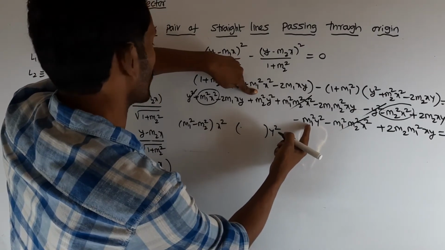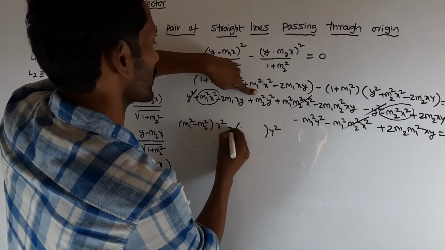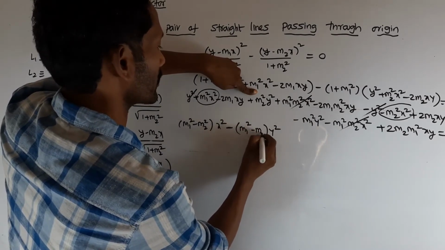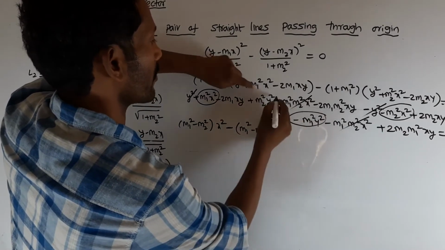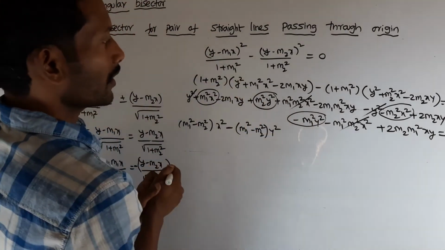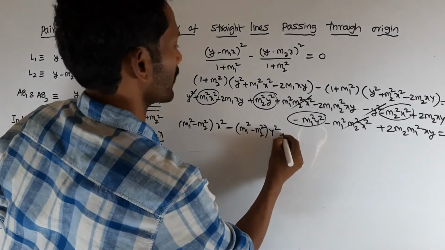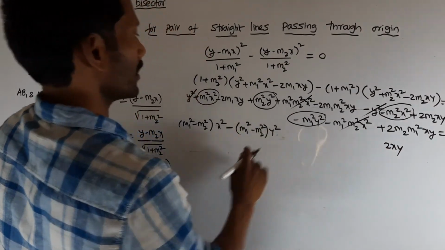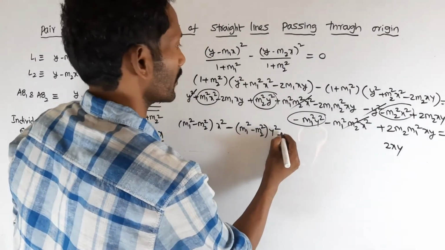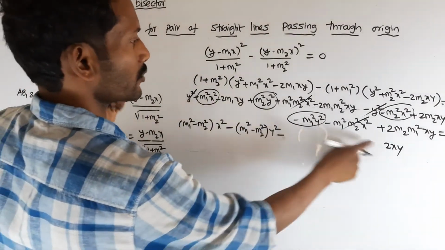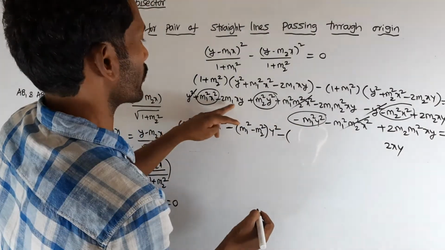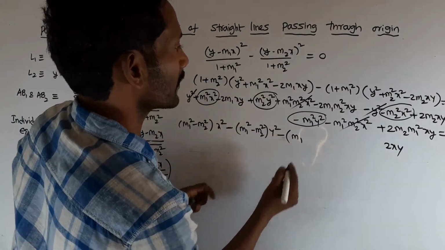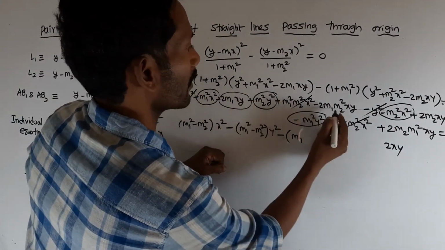minus m2 m1 square, minus m1 square, so bring outside minus, so m1 square minus m2 square, this is over. Just bring outside xy plus xy, 2xy bring outside. So better one is the minus 2xy outside, minus 2xy. Now m1 is over.